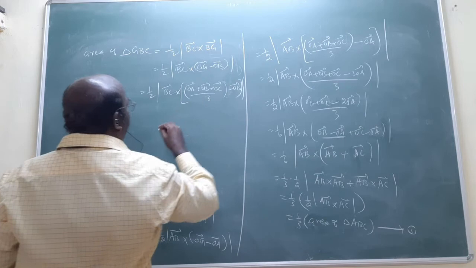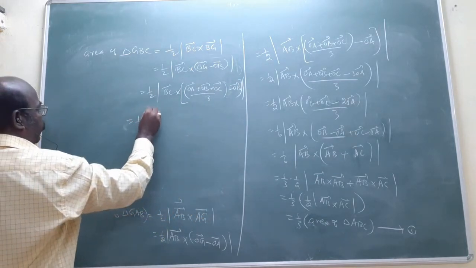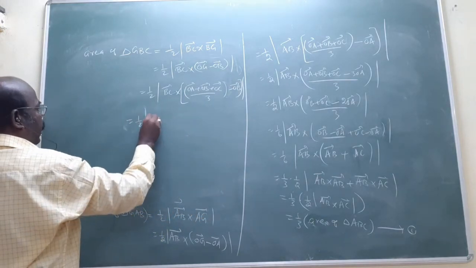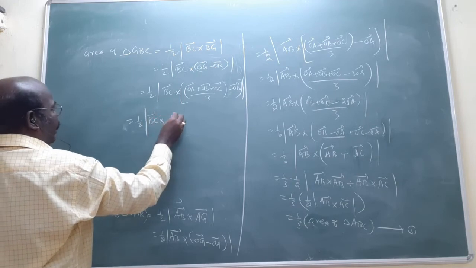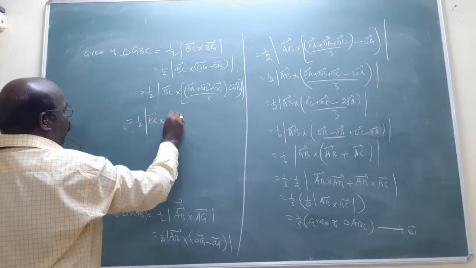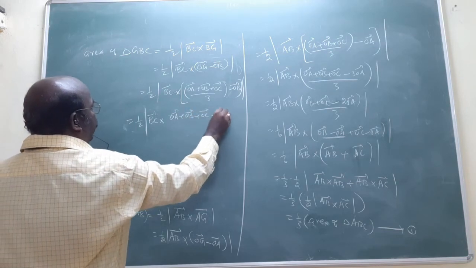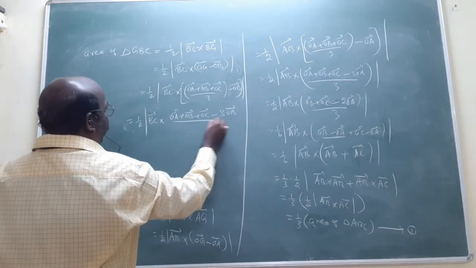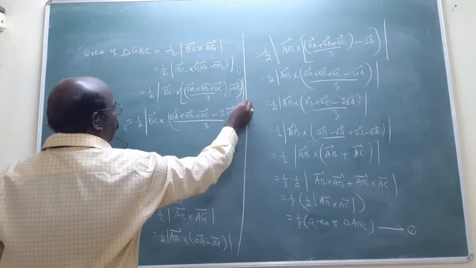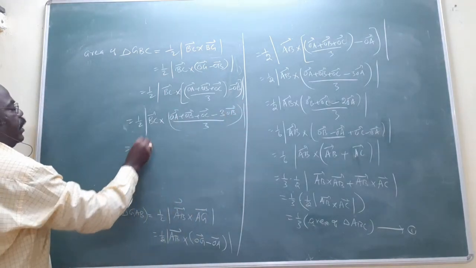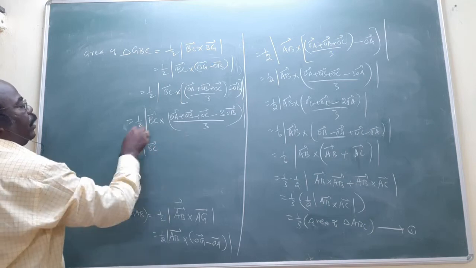Now take LCM 3: modulus of BC cross 3 times (OA plus OB plus OC) minus 3 times OB vector, by 3. Now 1 by 6 into BC vector multiplied with 3.